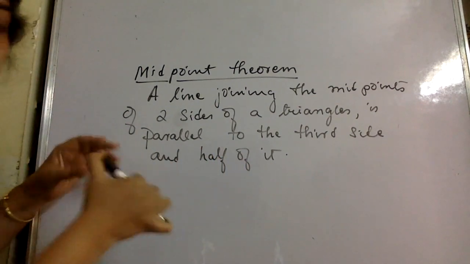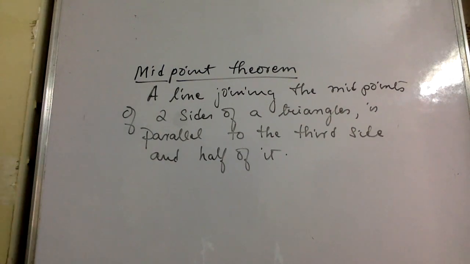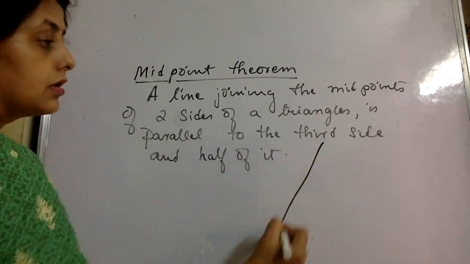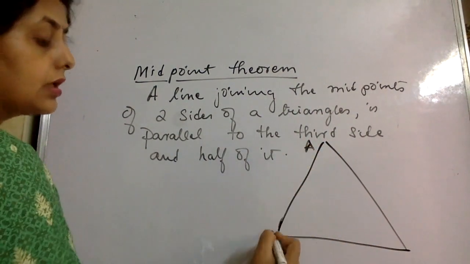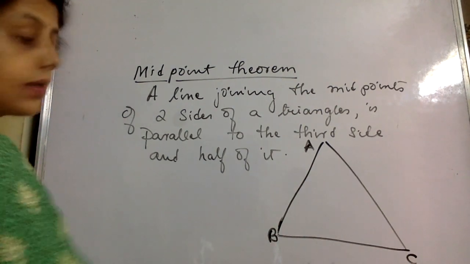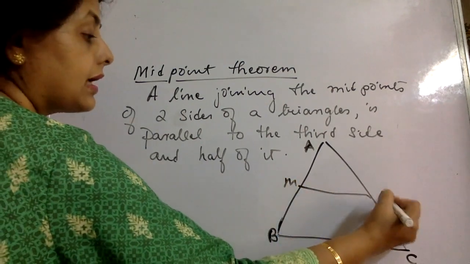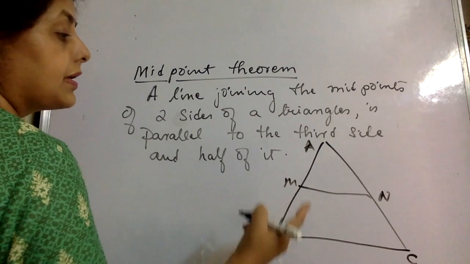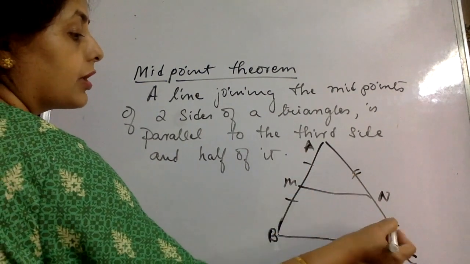Now let's see what the diagram says. Here we have a triangle, let it be A, B and C, and here we have a line joining M and N. So M is the midpoint of AB and N is the midpoint of AC.